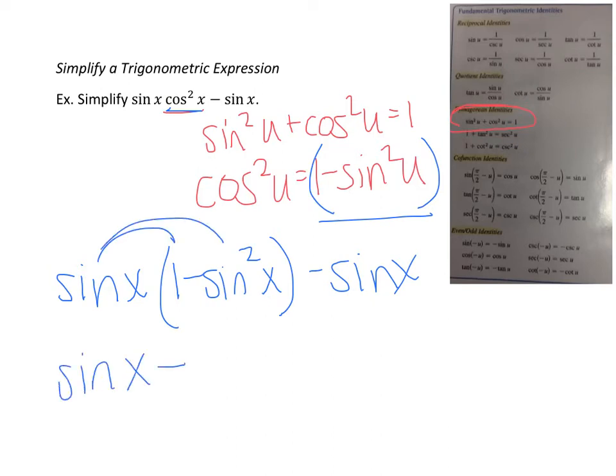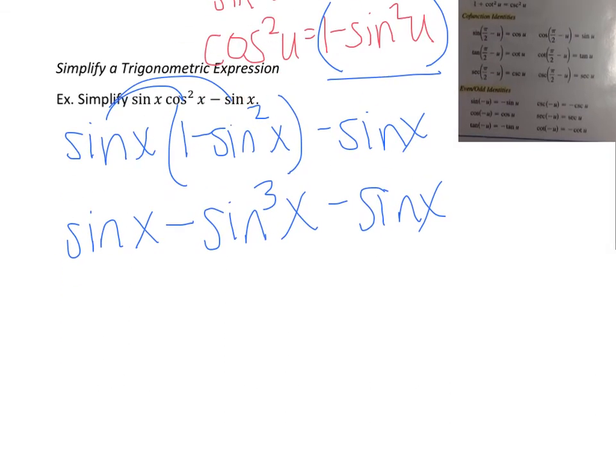Sine x minus a sine x times a sine squared x is going to be a sine cubed x minus sine x. And I'm going to simplify. This sine x and this sine x are going to cancel each other out, and all I'm going to be left with is negative sine cubed x.